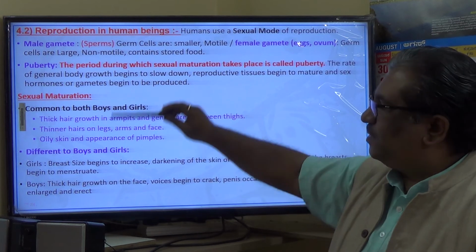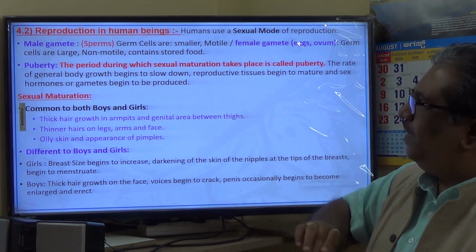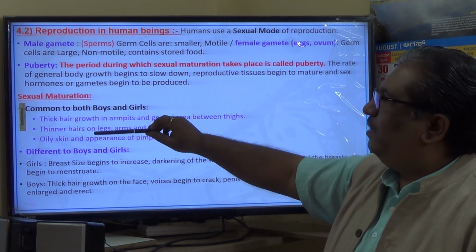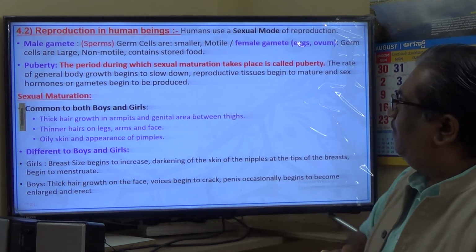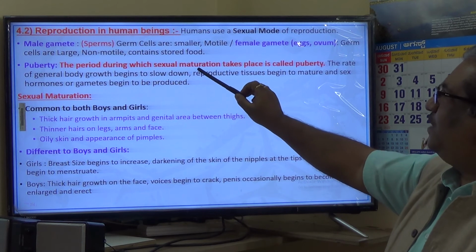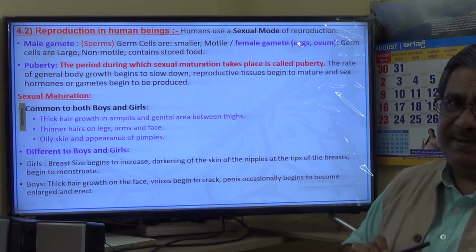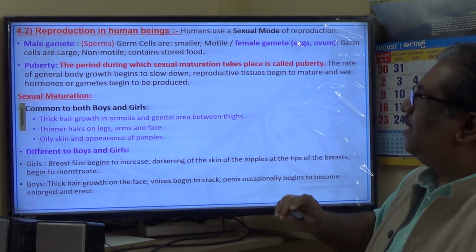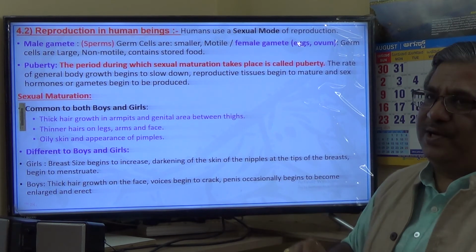What is puberty? A couple of points have been given in your textbook, which you must all know. Puberty is that time period where sexual maturation takes place. What is the meaning of sexual maturation?